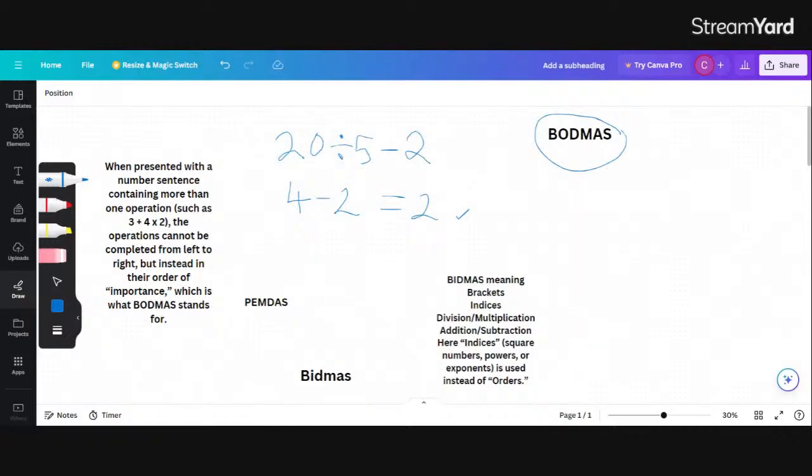When both are the only operators present, they are of equal importance, and you have to do your calculation from left to right. No matter which one comes first, it doesn't matter which one is first. Just when both of them are the only operators, do your calculation from left to right.